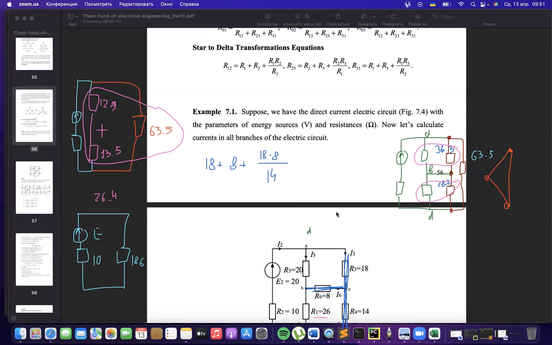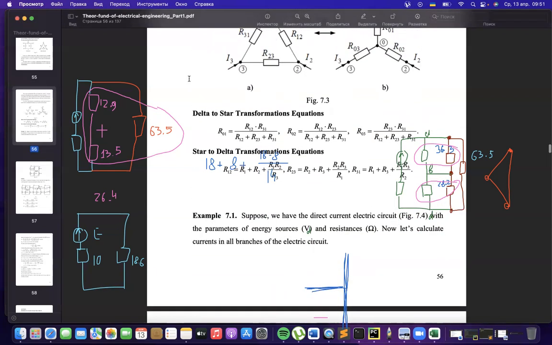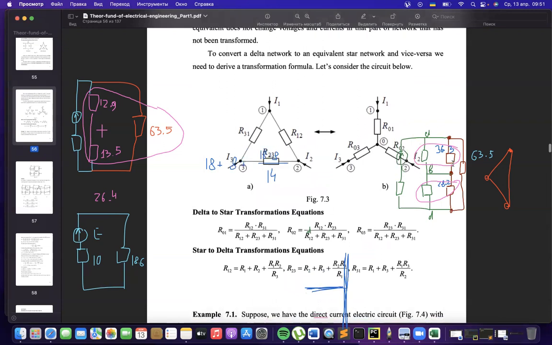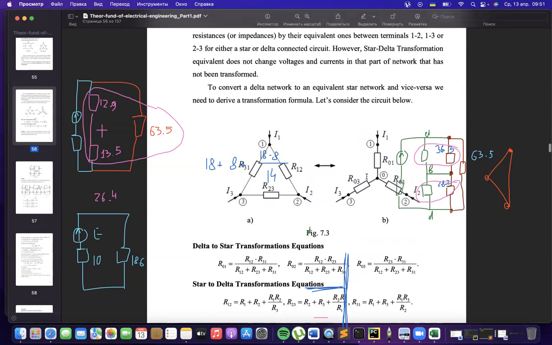Okay, Professor. In the formula it says R1, R2. R2 is, okay, not 8. Okay, I understand what you mean. Because the general formula takes not a specific index of a resistor, but its specific place in the circuit. This formula is written for drawing number 7, this one.